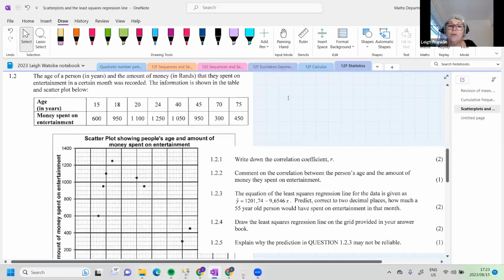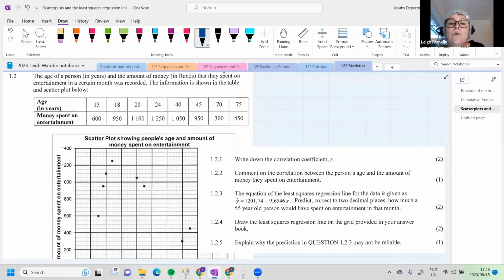Okay, so Gugu, I'll just write it here for you so that it's a little bit bigger. All right, so in 1.2.3, they give you the equation of the least squares regression line, and they say that it's equal to 1201.74 minus 9.6546x.